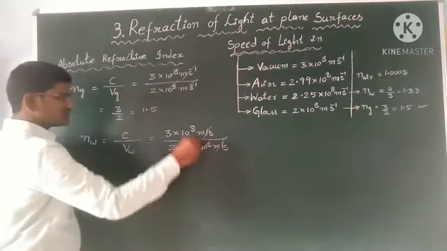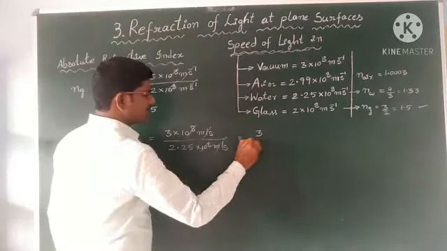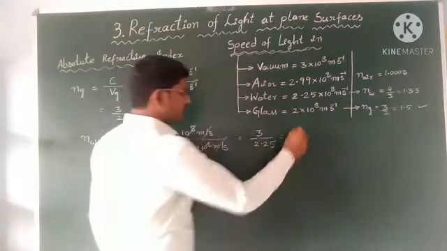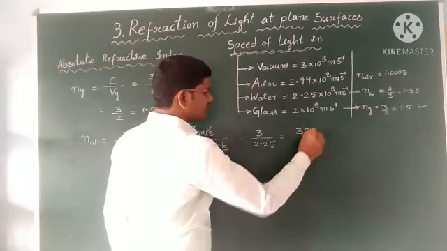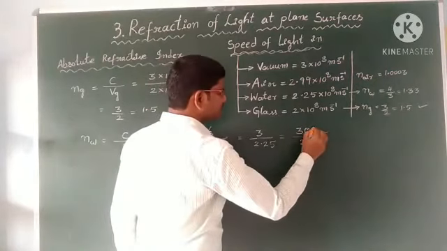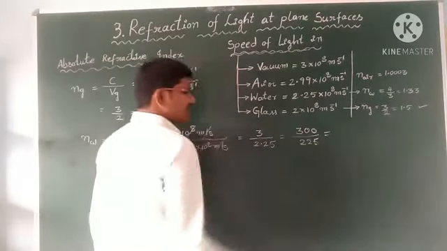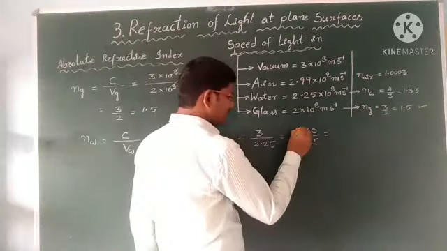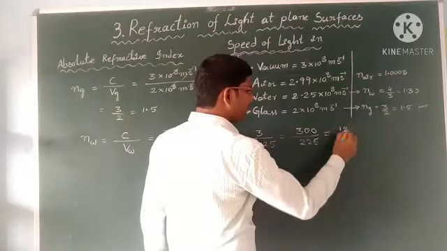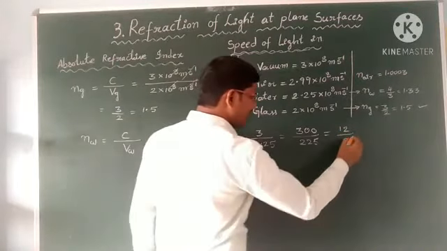Then the powers cancel, and you get 3 by 2.25, so 300 by 225. If we cut this, 25 twelves are 300 and 25 nines are 225, so that is 12 by 9.